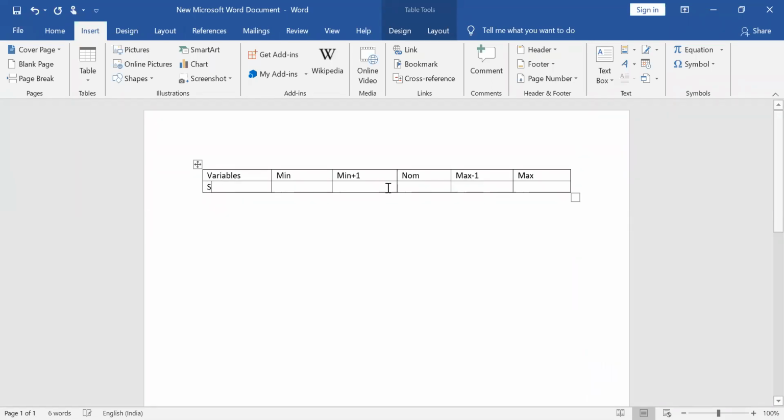The variable is side one, with respect to talking about the triangle problem.